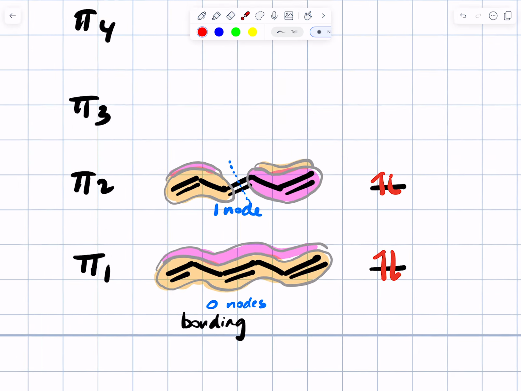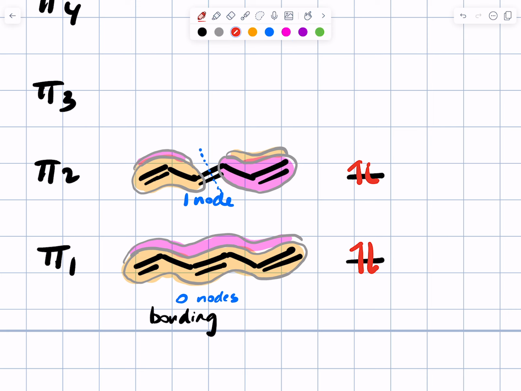Okay. Similarly, maybe I'll just do pi 3 and then we'll stop there. The pi 3 orbital needs to have 2 nodes. The symmetrical place to put those 2 nodes is right here in between atoms 2 and 3, and then between atoms 4 and 5.